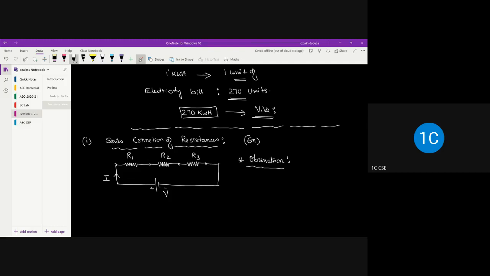The current is having only one path. So when the current travels in one particular path, the magnitude of the current remains the same in the circuit. So in case of series connection of resistances, the very important observation is that as the current is not having any diversion paths, current remains the same.